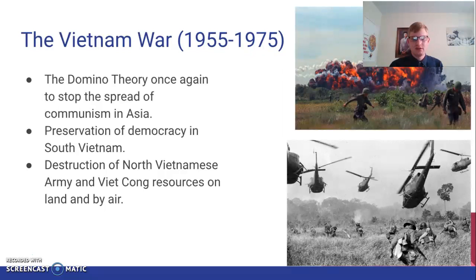So we decided that our American troops were to destroy North Vietnamese and Viet Cong resources on land and by air. As you can see here in the photograph, all the napalm that was used a lot, and of course all these air cavalry helicopters, and of course ground troops.